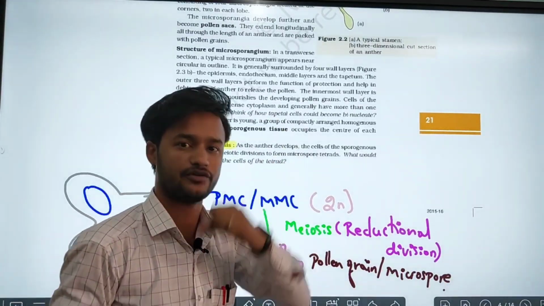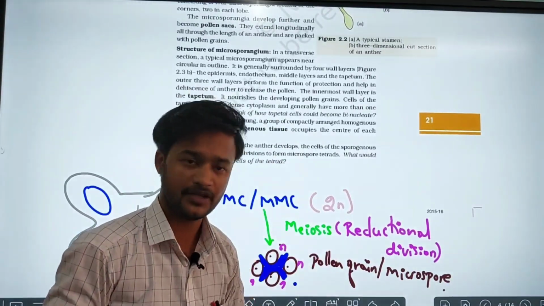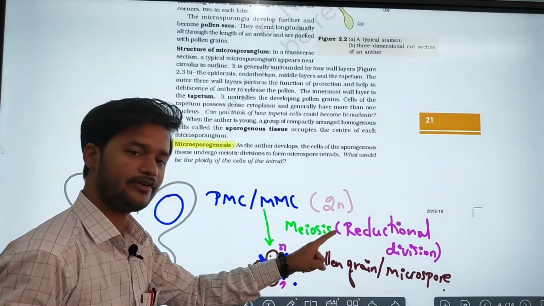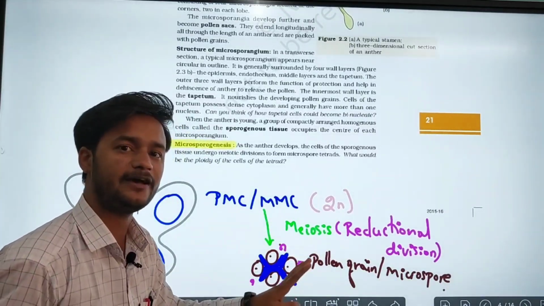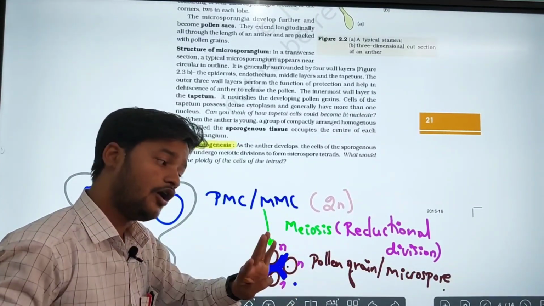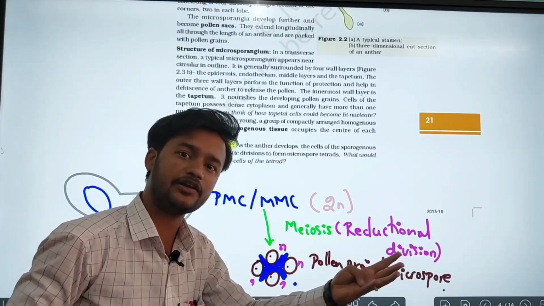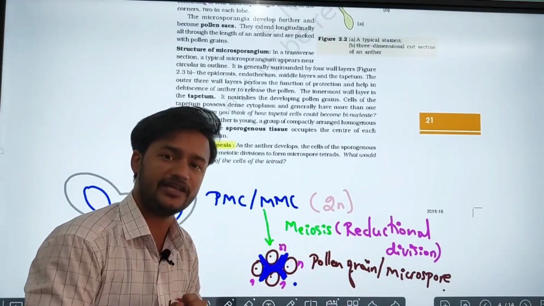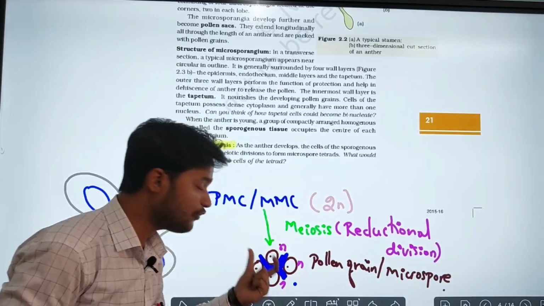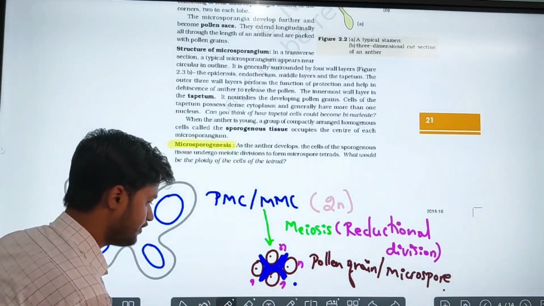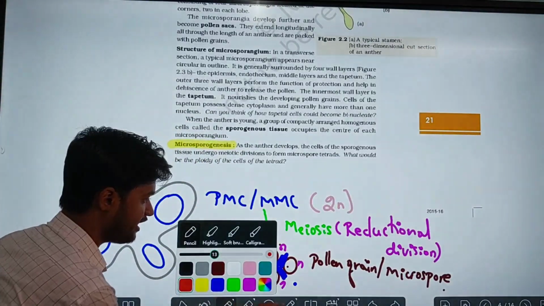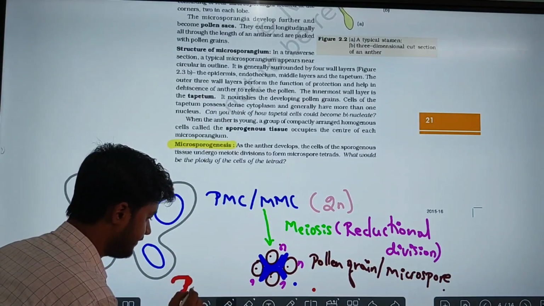Tetrad means 4, right? Tetra means 4. The pollen mother cell undergoes meiosis to produce 4 haploid pollen grains or microspores, and all 4 are attached together to form one pollen tetrad.